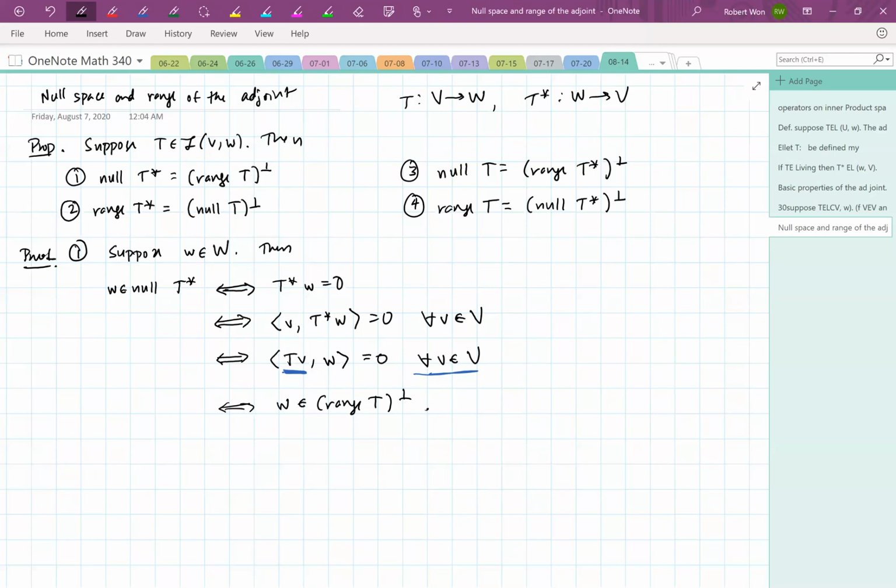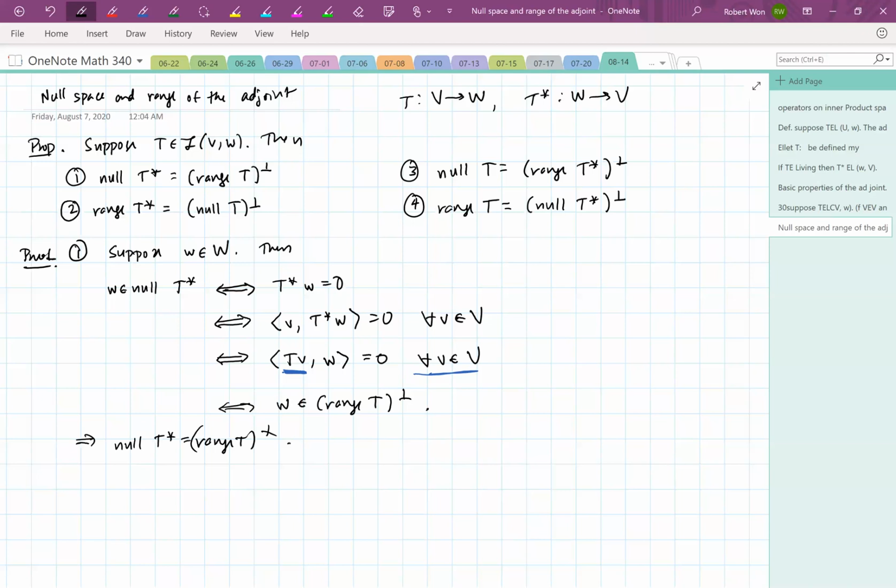And then if for every v in V, the inner product with some vector is 0, there's a unique vector like that, and it's the 0 vector. And then, of course, T star of w equals 0. That's just equivalent to w being in the null space. That's just the definition. So all this together shows that the null space of T star is equal to the orthogonal complement of the range of T.